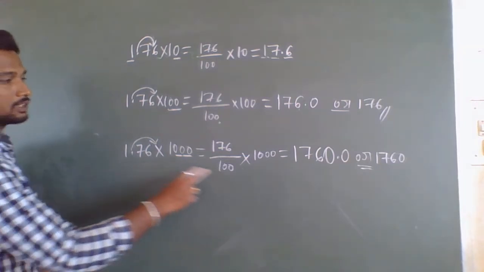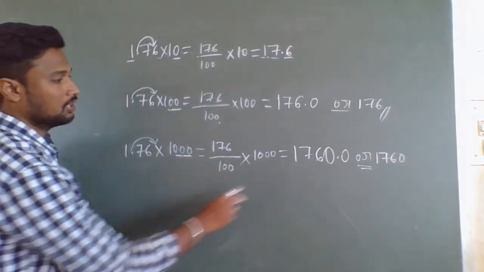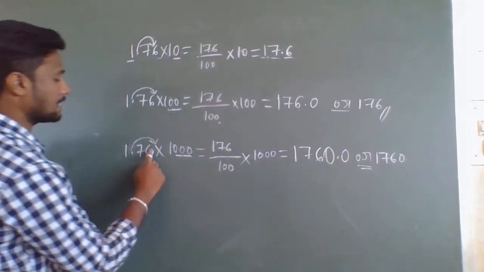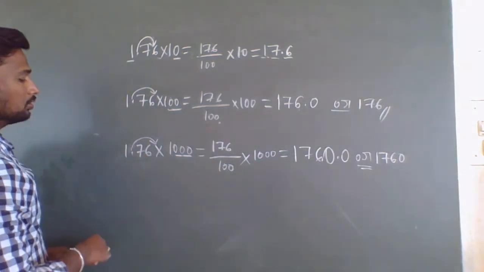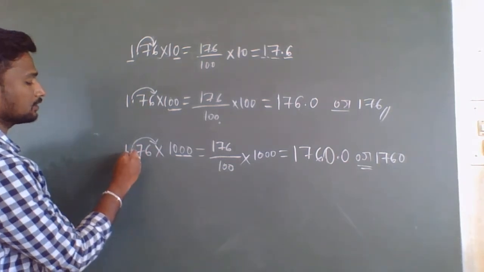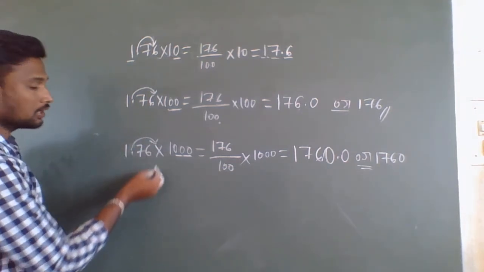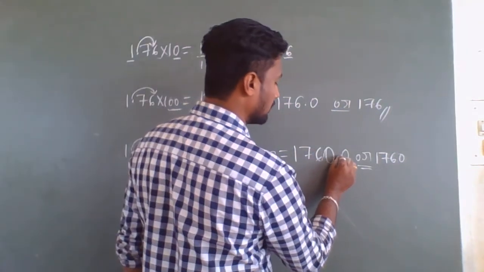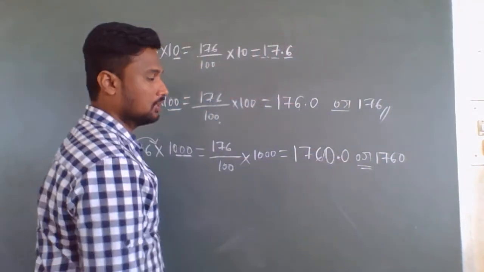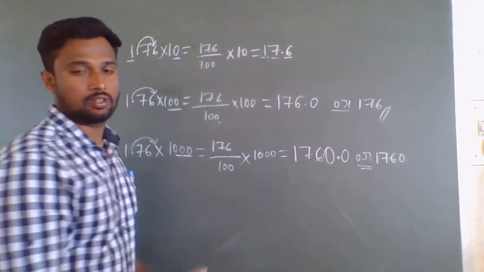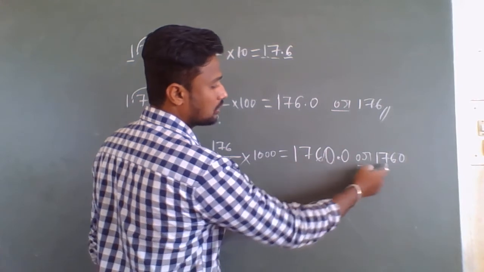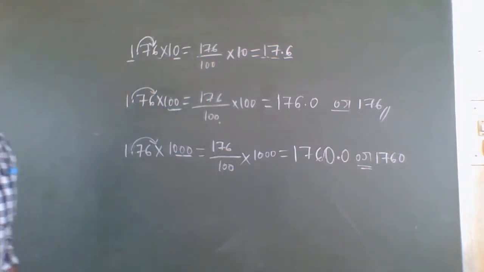First we will write 76, after this 176, and the third digit we will write as 0, because we have to move 3 digits right side. After this we can place the decimal point, and then write 0 here. Or you can directly write it as 1760. Okay?